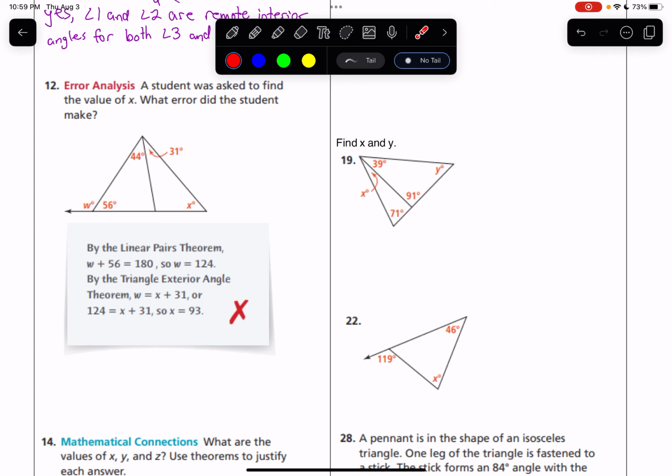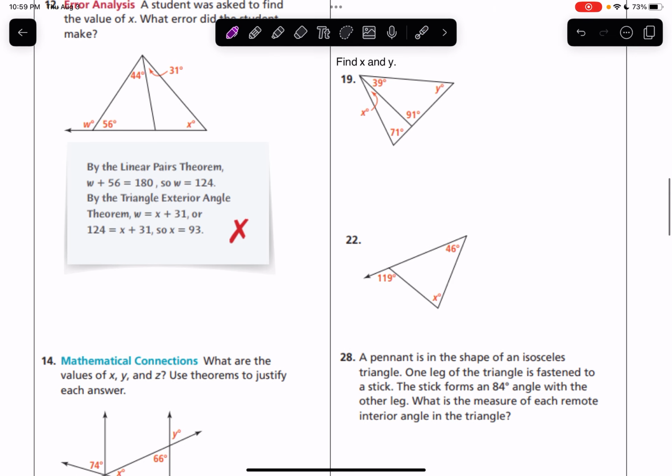If we're looking at the triangle, the two remote interior angles for w are x and 31 plus 44, or 75. So she should have said, w, the exterior angle, is equal to the sum of the two remote interior angles, x plus 75, which is 44 plus 31.